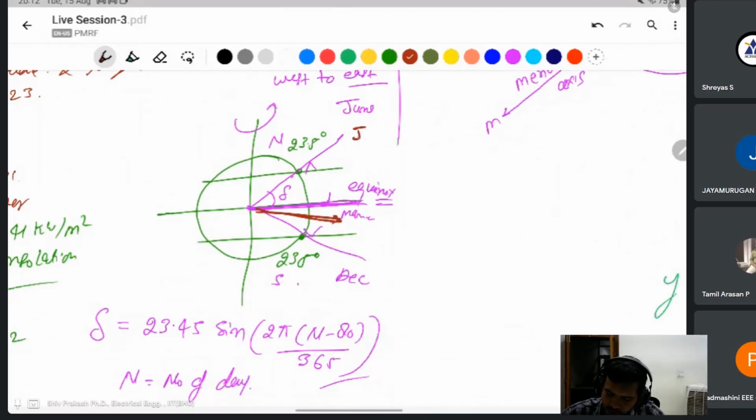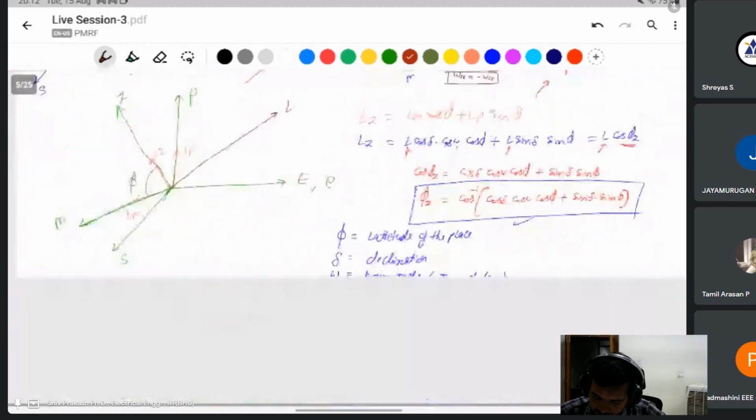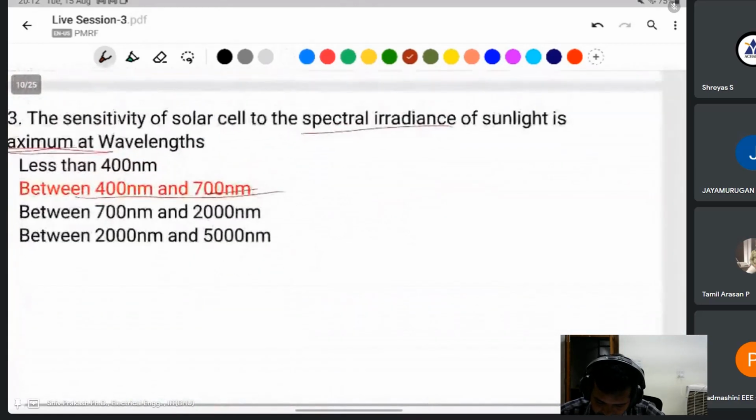This one will be June, this will be December, and this will be March and September. Between September and December will be the season of negative declination angle.